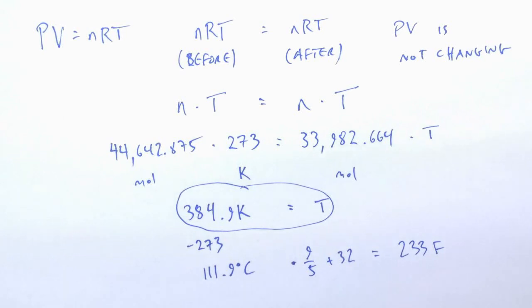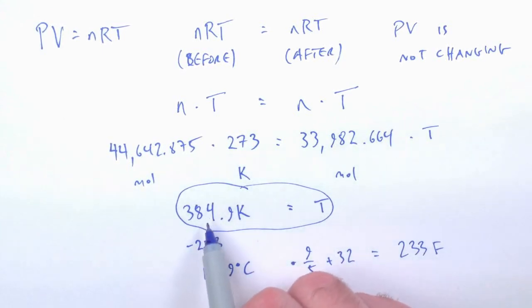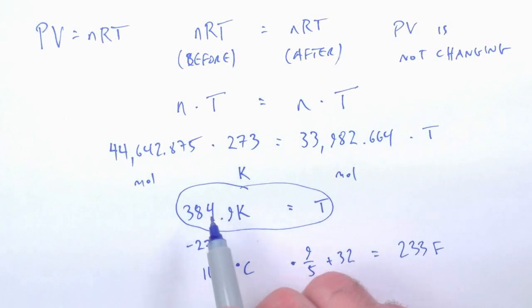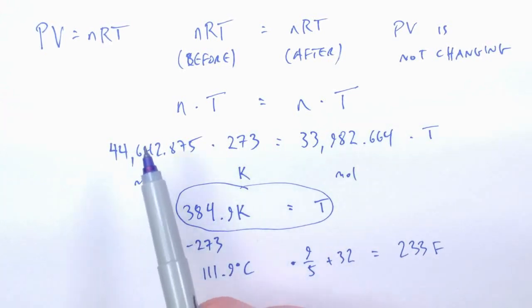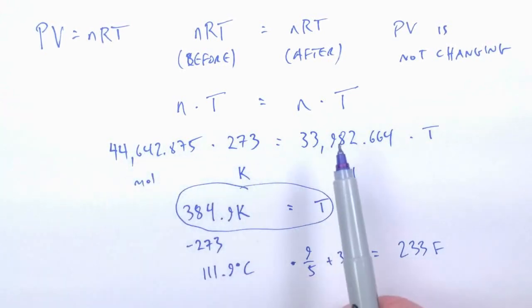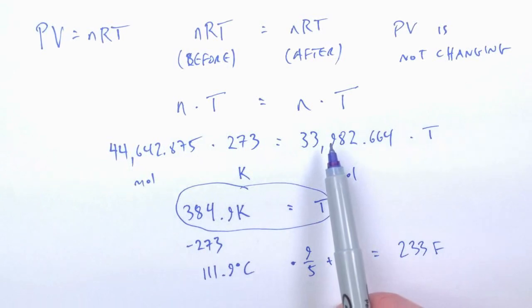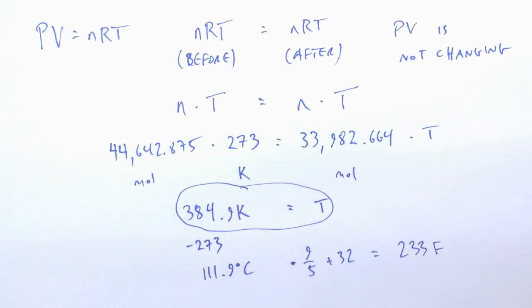You can lower the density of the hot air balloon by evacuating some air out of the balloon while keeping it inflated. The only way to do that is to make the air hotter. And the math happens to work out that if you heat the balloon up to that temperature, then the number of moles inside the balloon will drop from here to here. And that will make the densities equal.